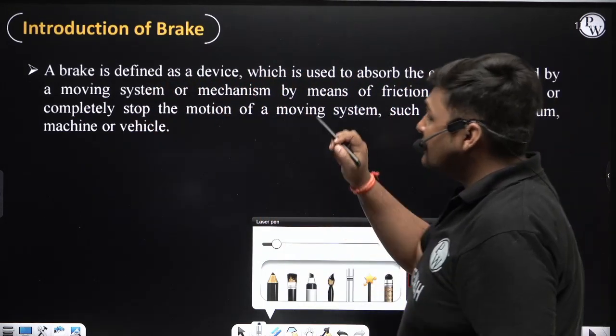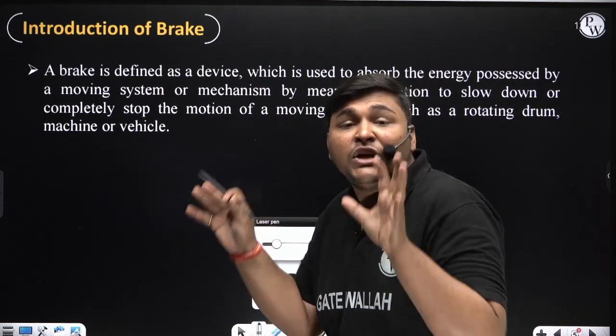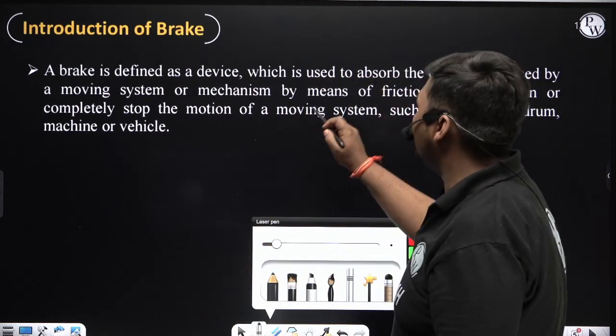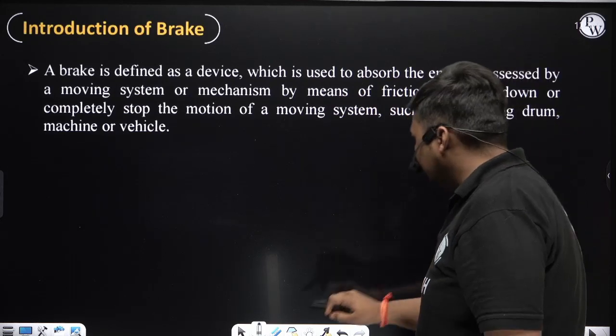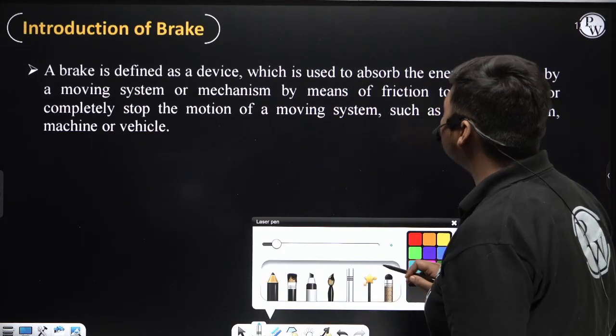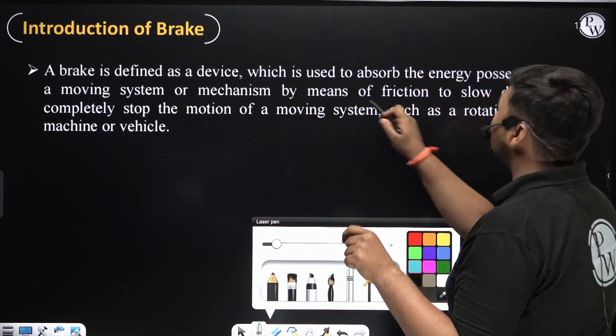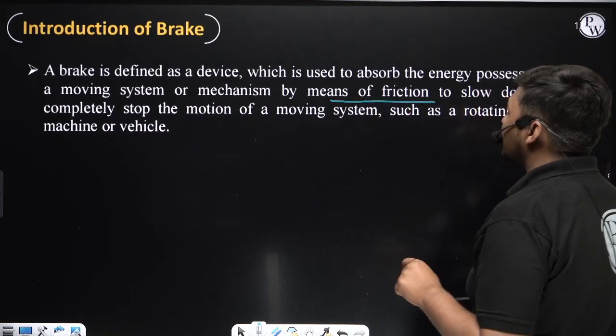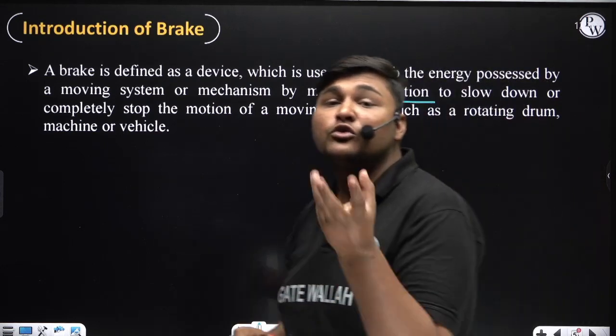Means it absorbs the energy of a moving system by using friction. Means brake is the device, or you can say mechanical device, which absorbs the energy of a moving system by means of friction.